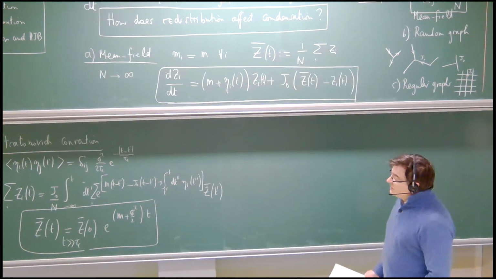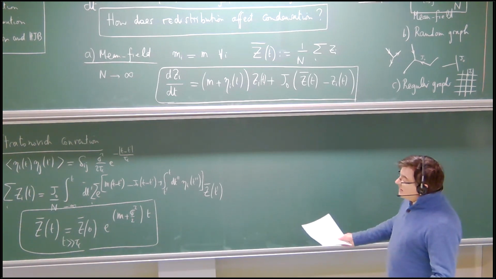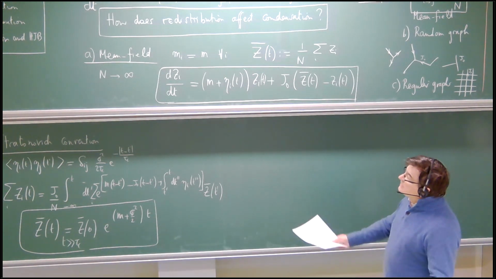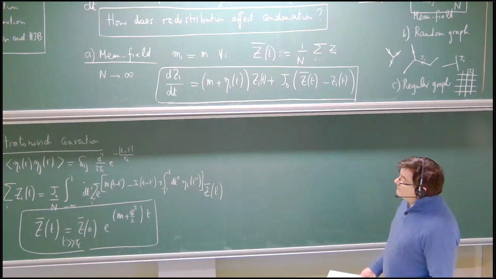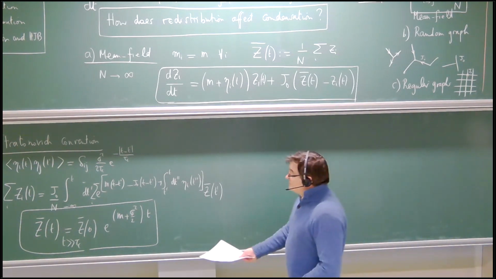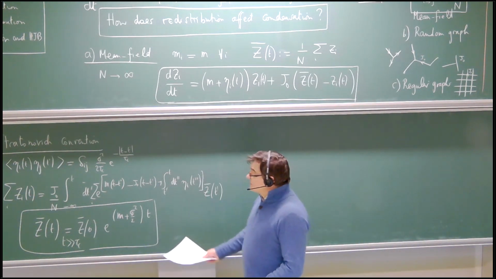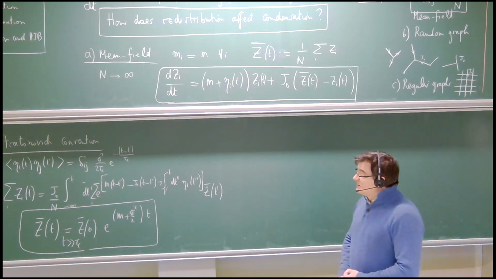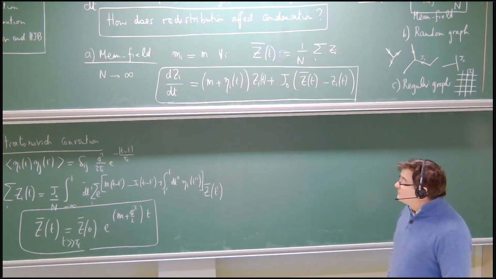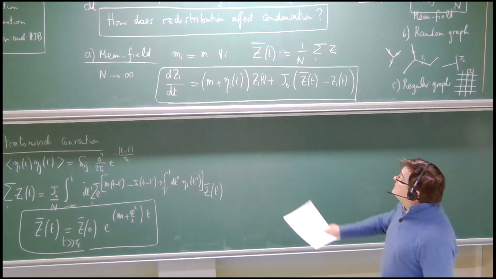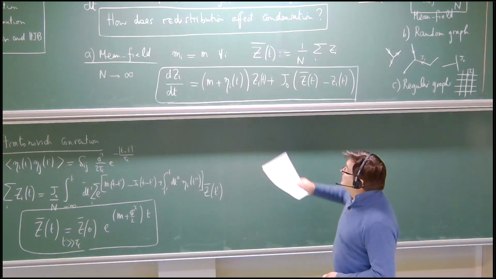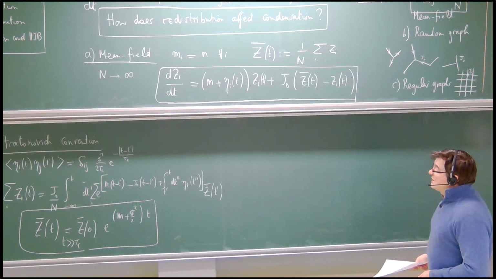Okay? So when m is positive, it means that the population is growing forever. And so superficially, it means that there's no stationary state, because the whole thing diverges to infinity.